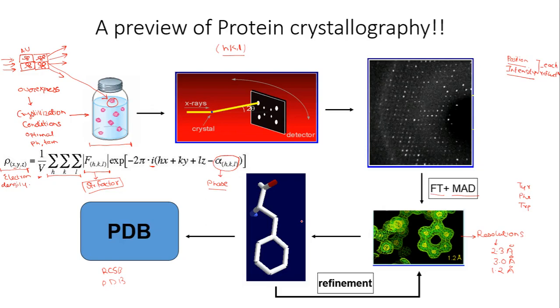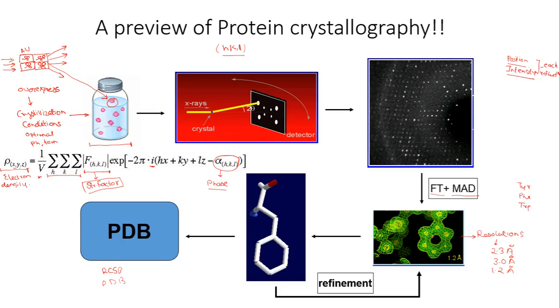So what I want to convey from this particular talk is that what you download from PDB is a model of a protein, and this model is usually based on an electron density map. Whenever you say that I have downloaded the structure of a protein from PDB, that eventually means that you have downloaded the model of that protein, and this model is built on experimental electron density maps.